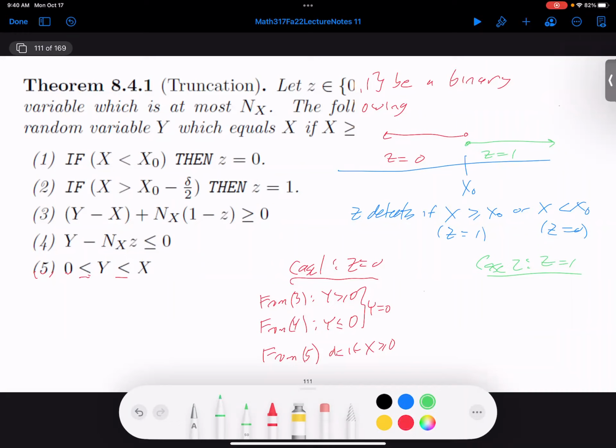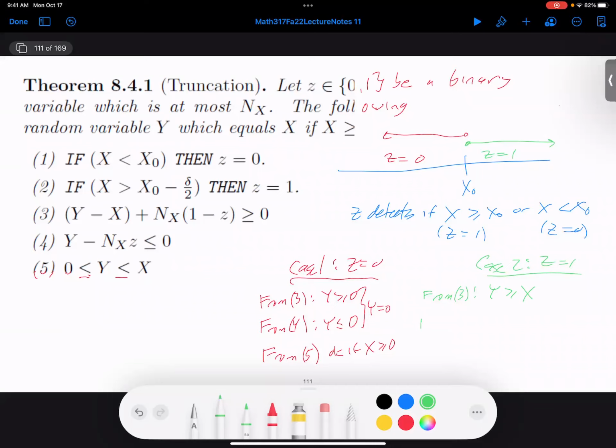So what does 3 give us now? If z equals 1, then we get y minus x is greater than or equal to 0. So what does 3 tell us? Y is greater than or equal to x. Right? Because z equals 1, the nx times 1 minus z is 0.